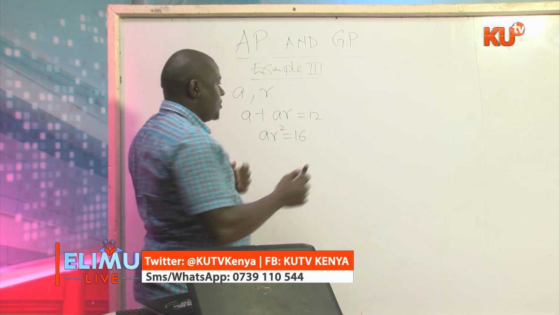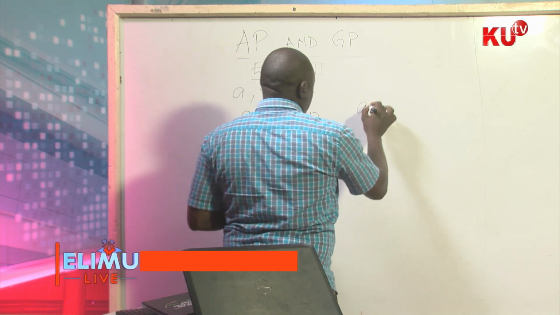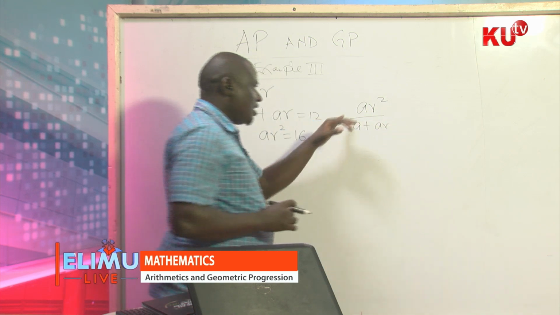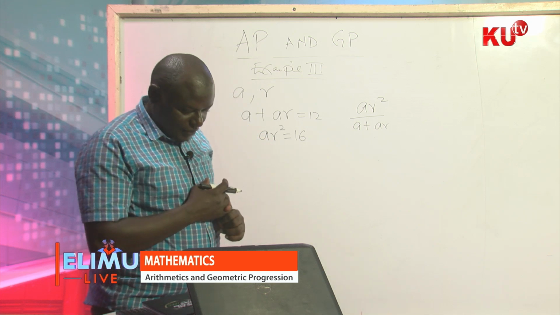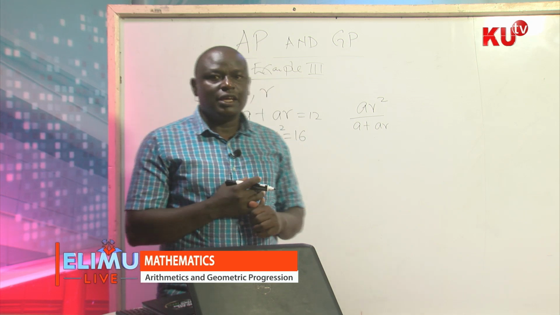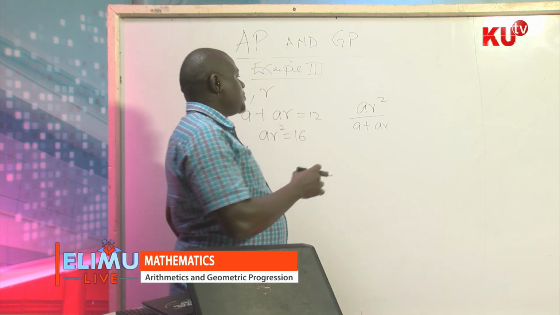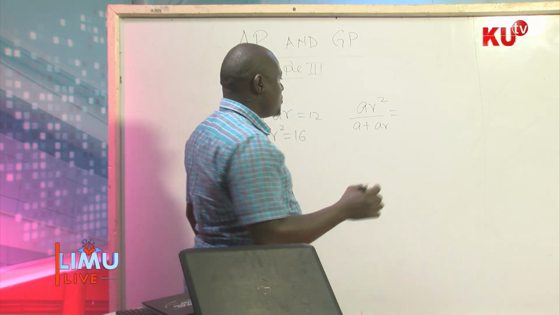They want us to determine the ratio AR squared over A plus AR. In this case, I think we can factor out A in the denominator because it is common.